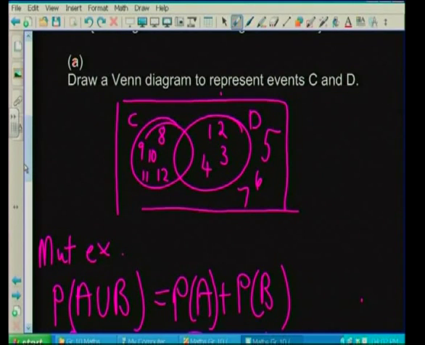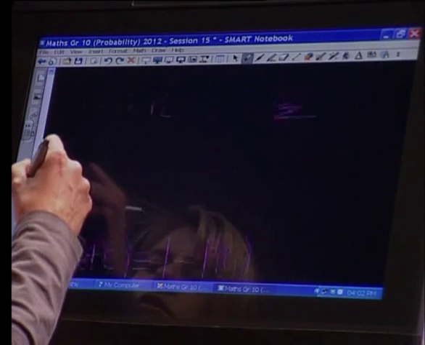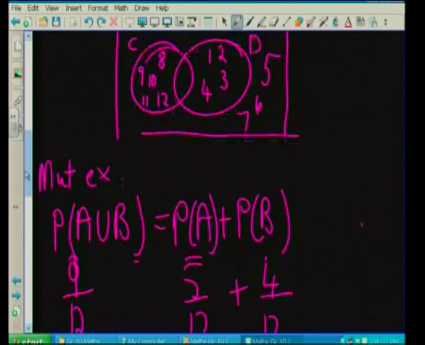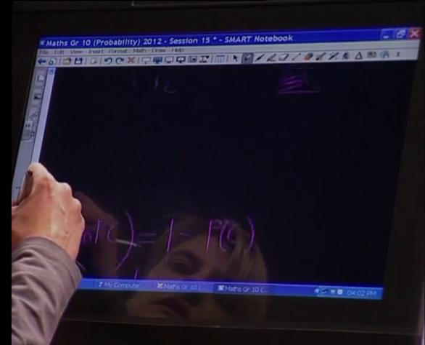So the probability of not C. Let's have a look. Everything that is not in C. Everything that's not in C is 1, 2, 3, 4, 5, 6, 7 out of 12. So we'll fill that in. Then on this side, 1 minus the probability of C. The probability of C is 1, 2, 3, 4, 5.